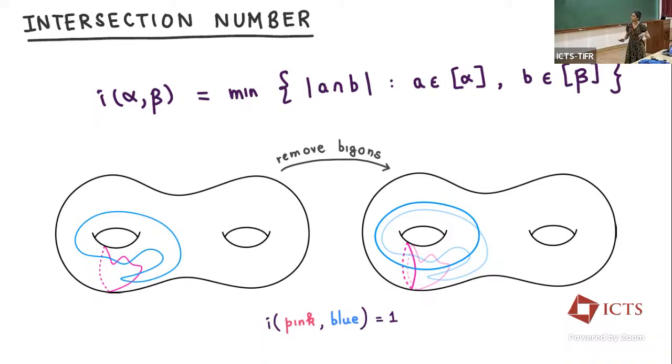For example, if we consider 2 curves, the blue and the pink curve in S2, we see that they intersect at 5 points here, but we can find good isotopic curves, isotopic to the blue curve and to the pink curve, which intersect just once. A recipe for doing this is that we just remove the bigons that are formed between these 2 curves, and we'll end up finding the intersection number. And quoting Professor Menasco here, let bygones be bygones from here on.